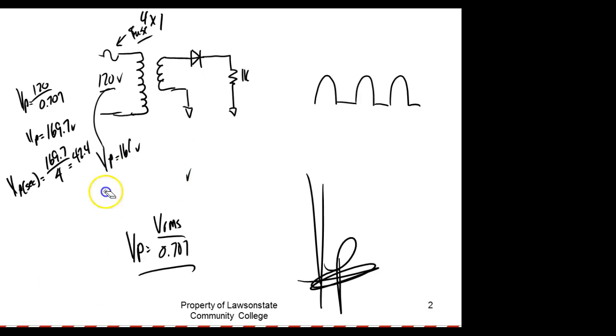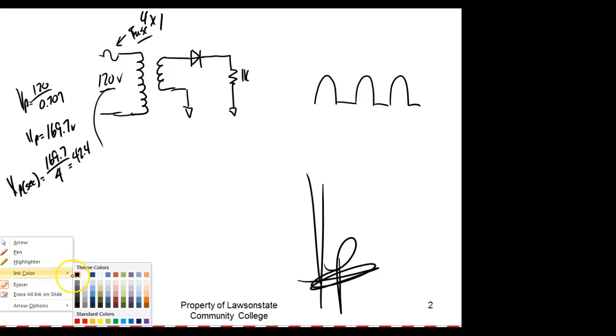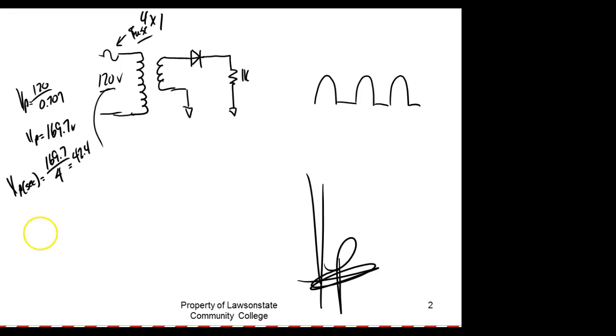And it's basically up to you. Or I could come up here and say 120. I could say VRMS, V on the secondary, not P, would be equal to 120 divided by 4. What does that give us? That gives us 30.